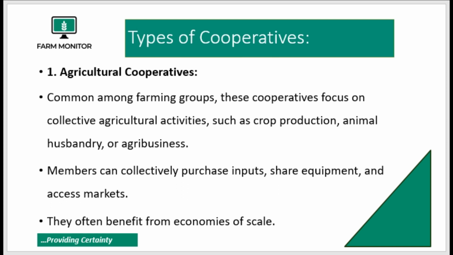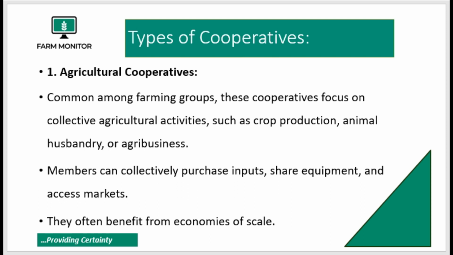Number 1 is agricultural cooperatives. This is common among farming groups, and these cooperatives focus on collective agricultural activities all along the value chain. You can have cooperatives for production, cooperatives for animal husbandry, cooperatives for agribusiness, those in processing, those in marketing, those in value addition.